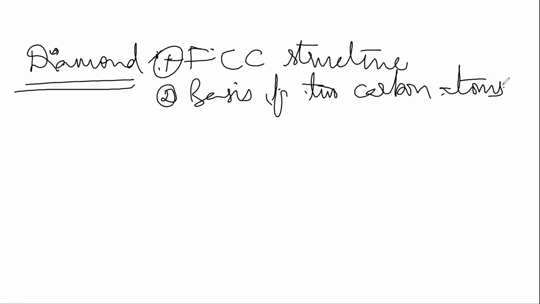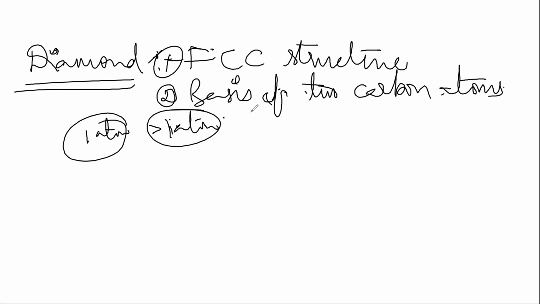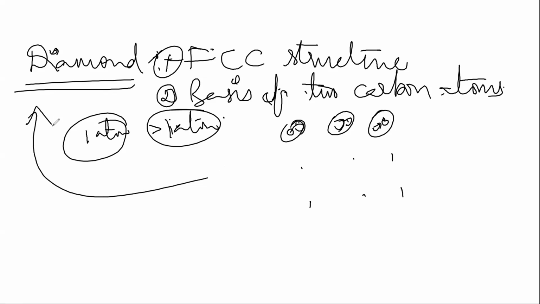And you have to understand what the basis is. It may have one atom or more than one atom. So when you put the basis at the points in the crystal, what you will get in the space lattice, if I put these two carbon atoms at each of the lattice points, then I obtain the crystal structure of diamond.